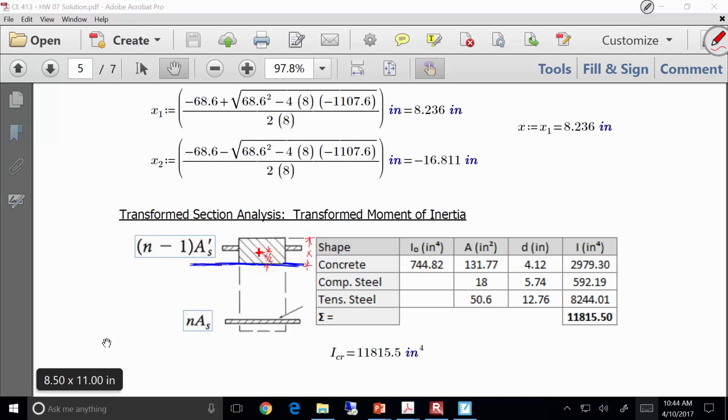This moment arm right here is d minus x. This moment arm from there to there is x minus d prime, because that is x from the entire height, and then I'm taking off this distance right here. That would be d prime, that would be the 2.5 inches. Yes.